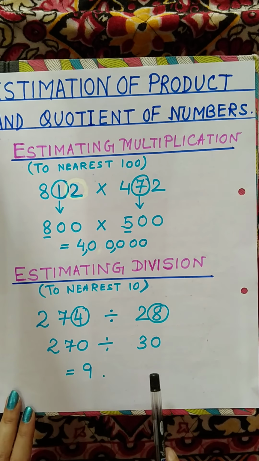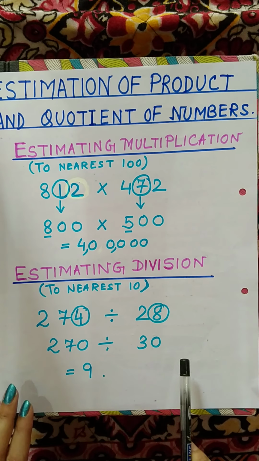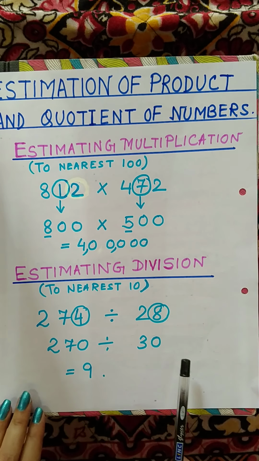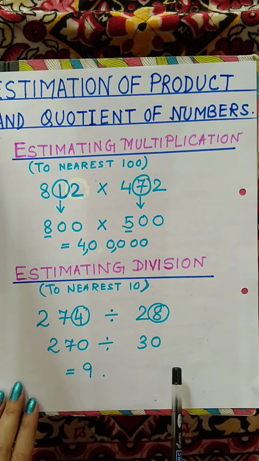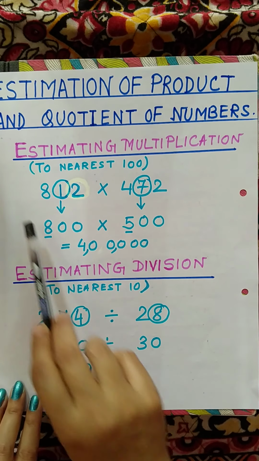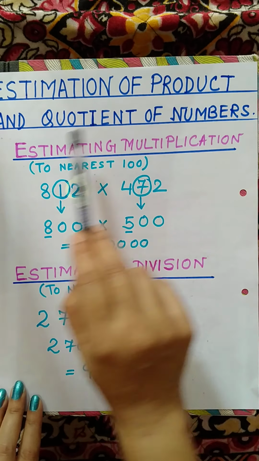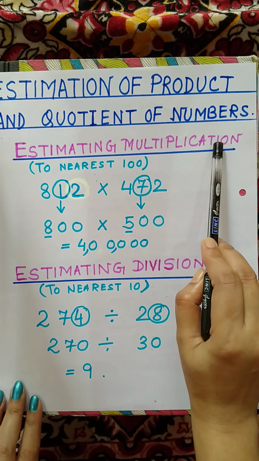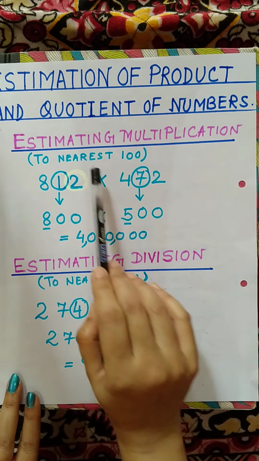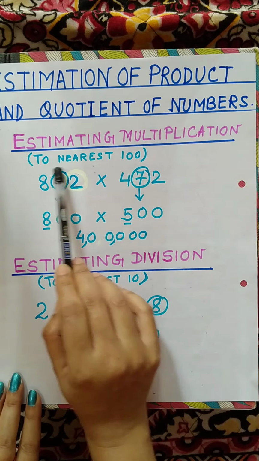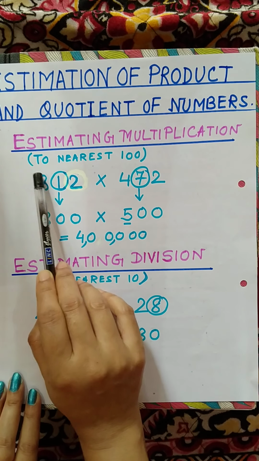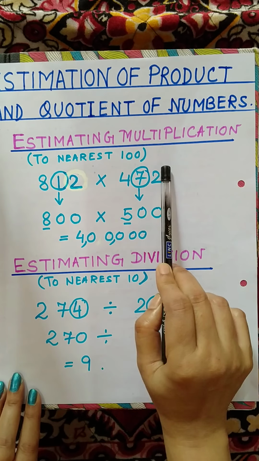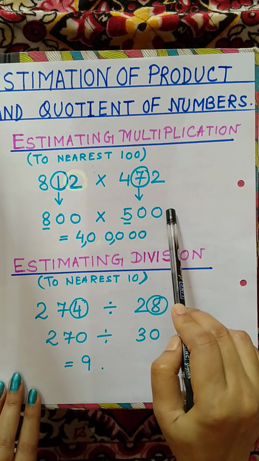I hope, as per instruction, you have gone through my video of rounding off numbers. Based on that video, we have here estimation of product and quotient of numbers. Now, estimating multiplication. How do we do it? We do it by rounding off to the nearest 100 here in this sum.